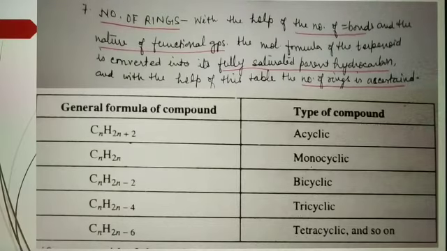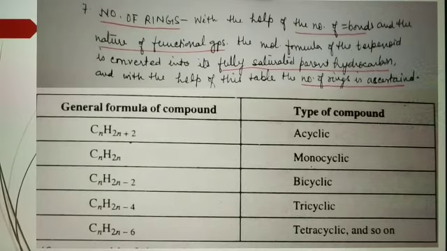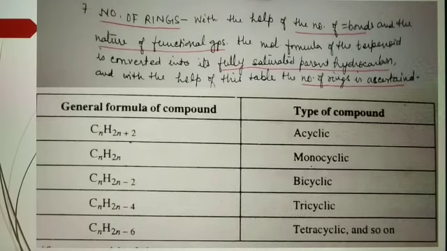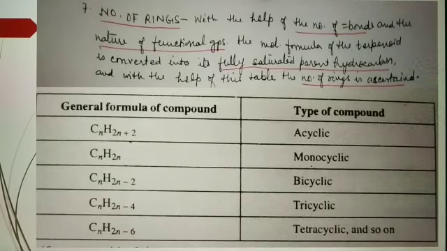Now with the help of these two, we take the help of the table given in this picture. With the help of this table, we can determine the number of rings present in the terpenoid molecule. First, we convert the terpenoid into a fully saturated hydrocarbon, and with the help of this table, we can ascertain the number of rings present in the terpenoid molecule.